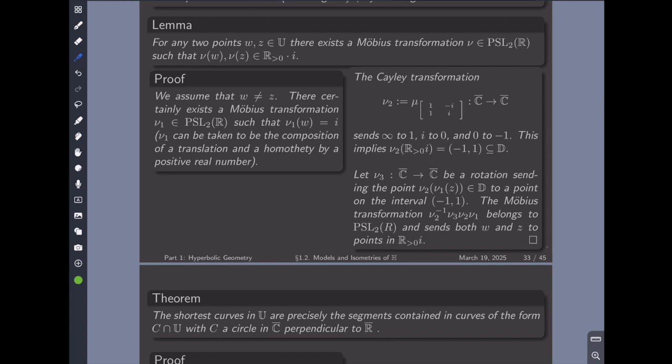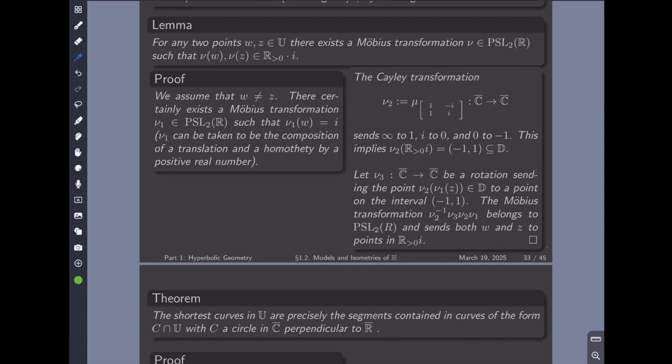So given my 2 points, there is a Mobius transformation preserving U bijectively that places one of them on I. Now I realize that the Cayley transformation sends I to 0 in the Poincaré disk. So take this I and send it to 0. And why do I do that? Because I already placed 1 point on I, and my second point maybe is not on the vertical imaginary axis, maybe it's somewhere else.